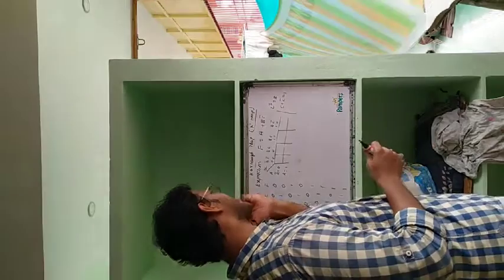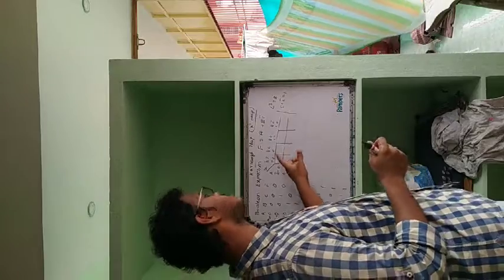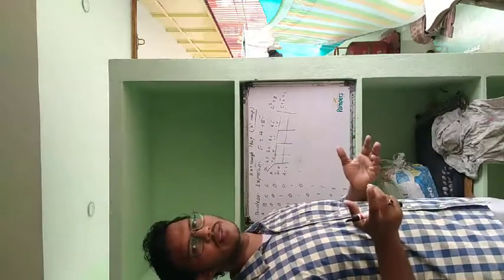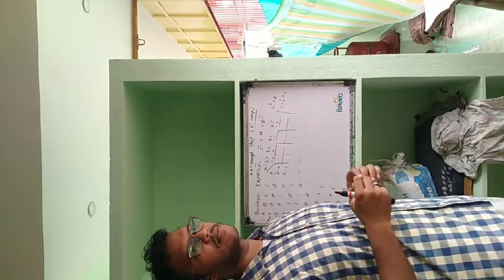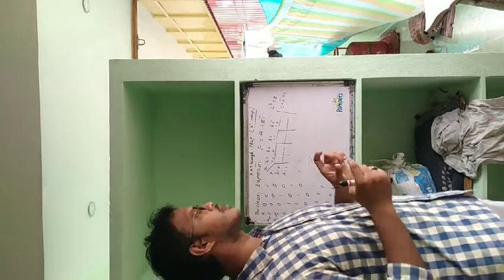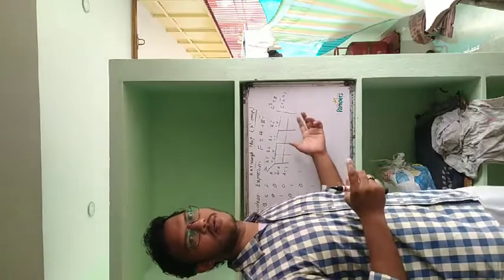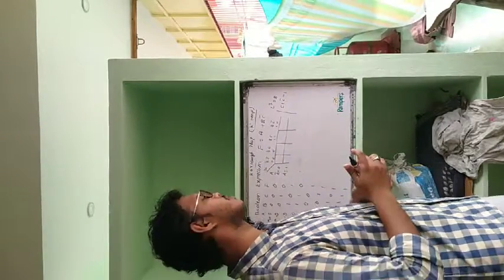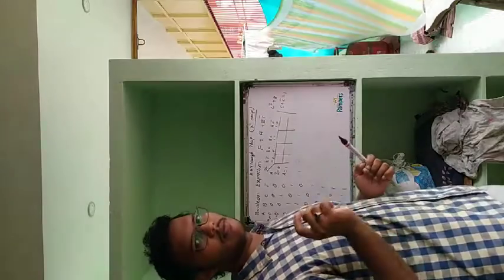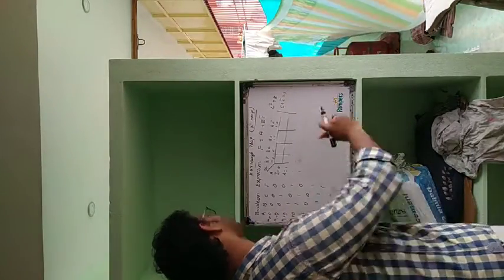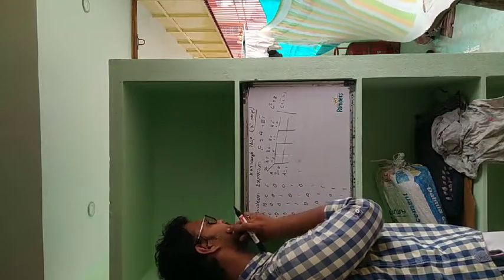Basically, they will give some Boolean expression or some statement, and we have to make a K-map to solve that. We have to get the minimum Boolean expression. So we have to arrange.